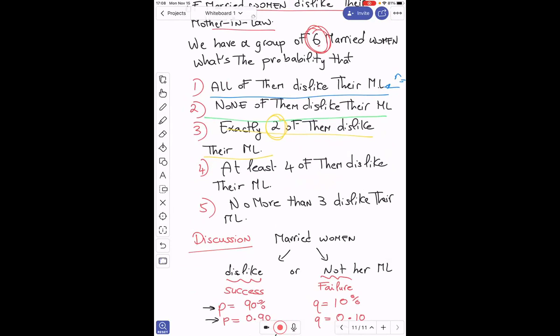Now, how many successes do we need in number 4? Well, it says at least 4 of them dislike their mother-in-law, right? So we need to understand this word at least 4. What do we mean by at least 4? At least means the minimum is 4. So it's 4 or more than 4, right? So at least 4.